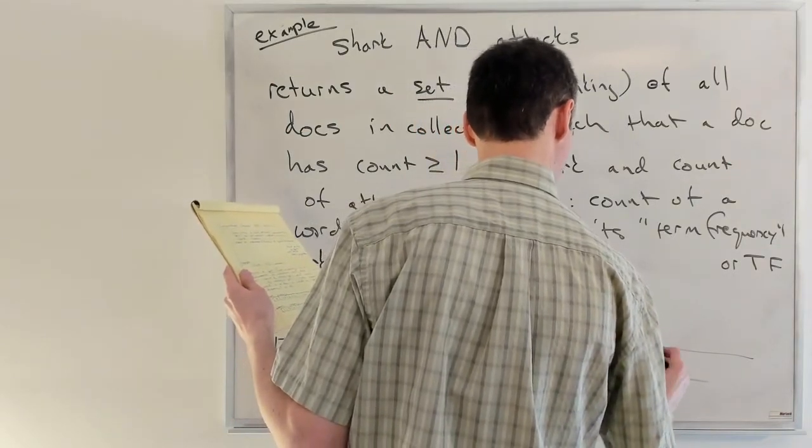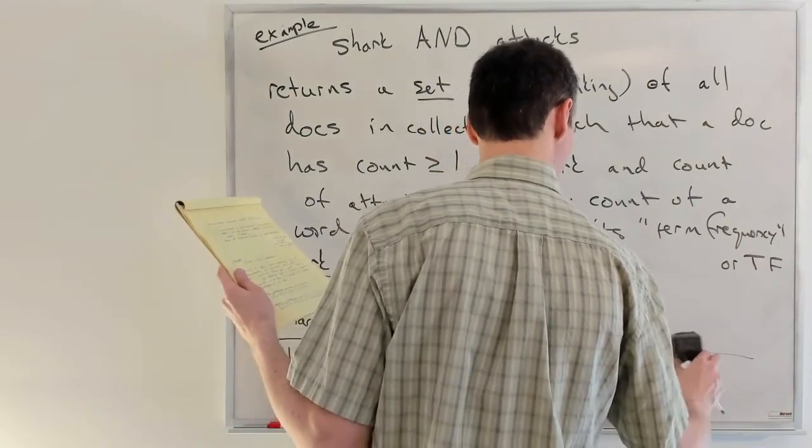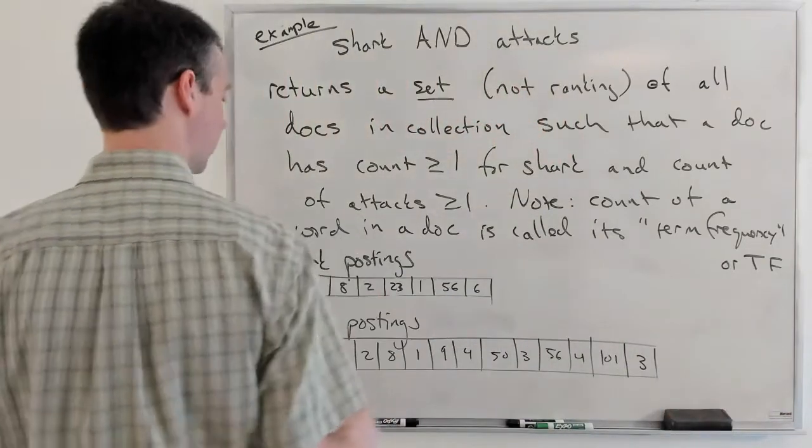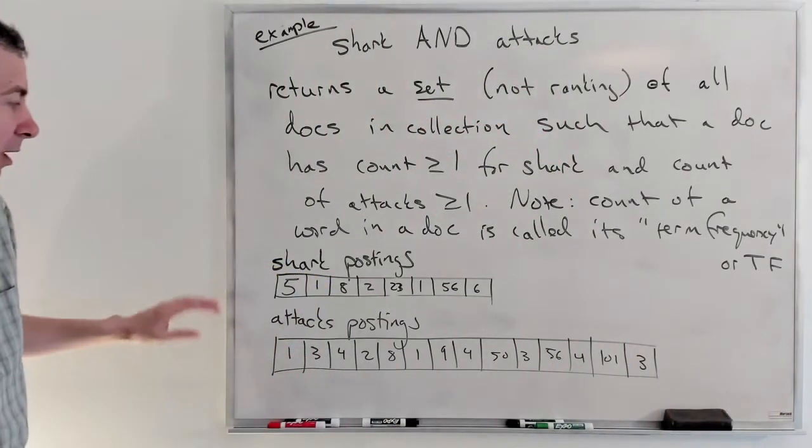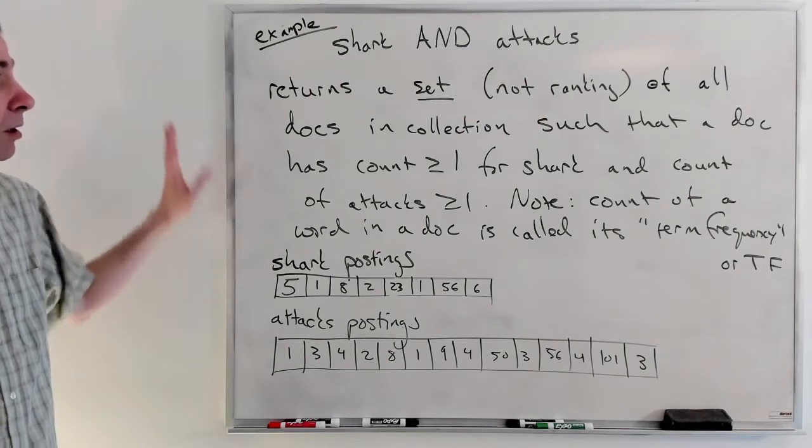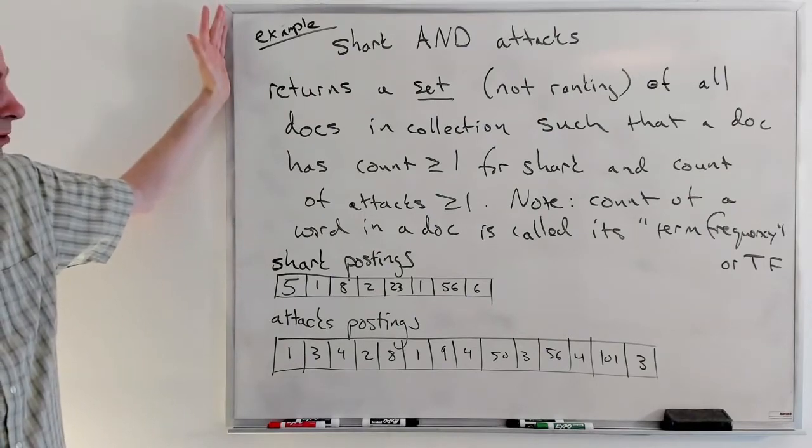I'm going to be referring to this example later on, so that's why I'm bothering to put it up on the board. But again, let's think about how we can do this retrieval.